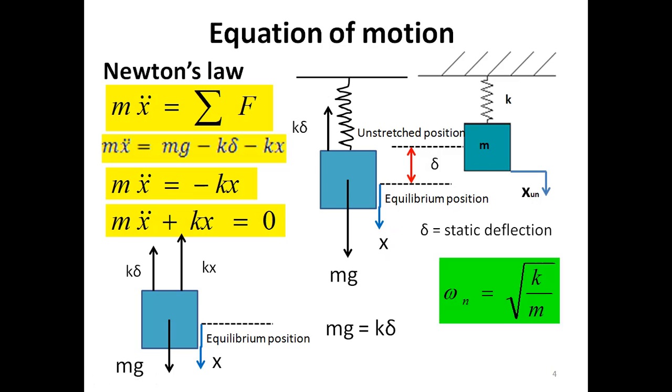As I discussed, once the equipment or machinery is installed, because of gravity it would be at the equilibrium position, not at the unstretched position. So now we apply Newton's second law of motion to develop the equation.